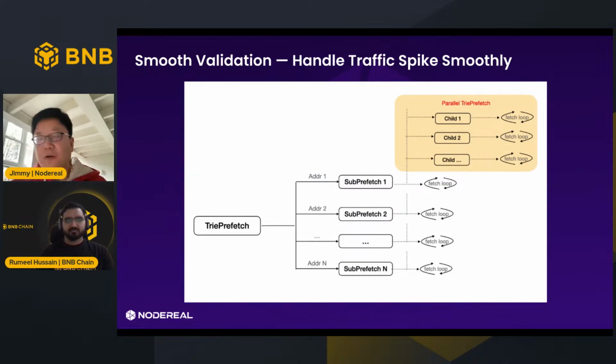We add a concept called a sub-prefetcher for each address. It is part of the trie prefetch. For each address on the MPT, we create a sub-prefetch process to fetch the data in parallel, to increase the capability of the node.